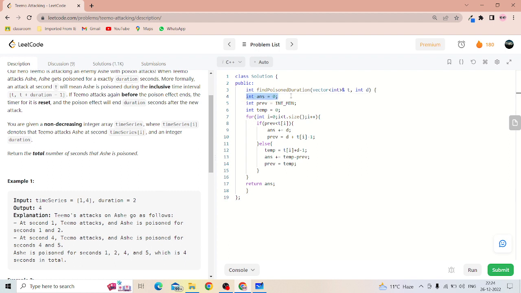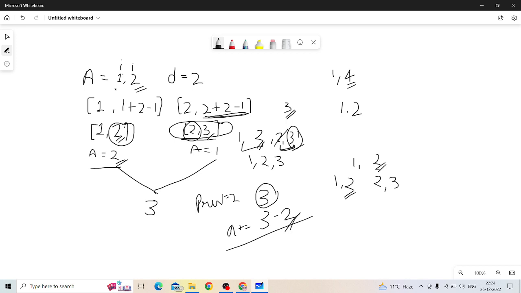So the solution is now what we have taken. The answer is initialized with 0. We have taken previous as int min, the minimum value. We will check if it is less than nums of I, because in the first one, at the 0th position, there is no previous anything, so we have to take its whole range.